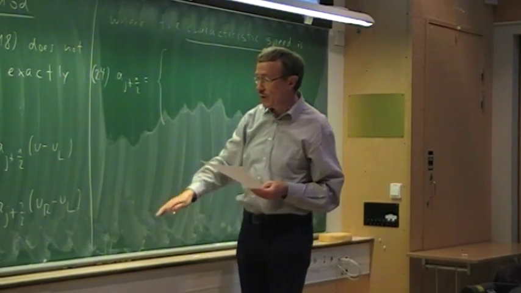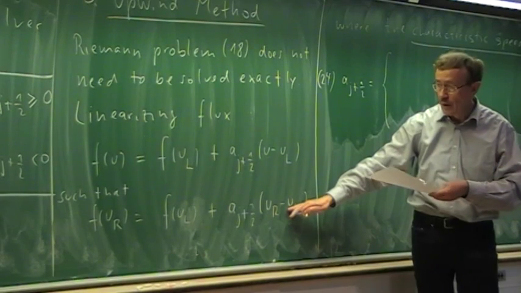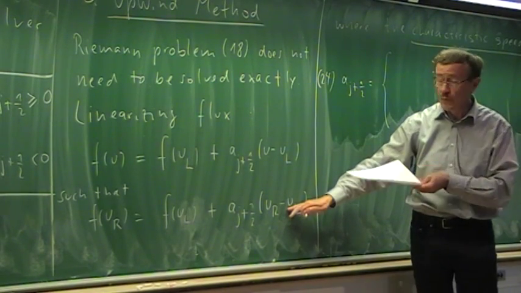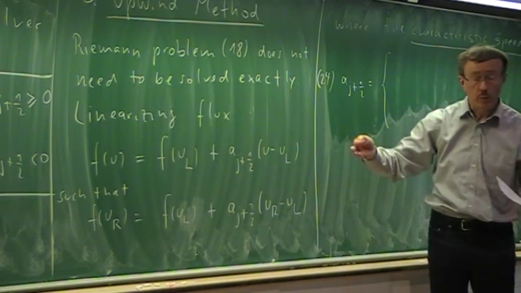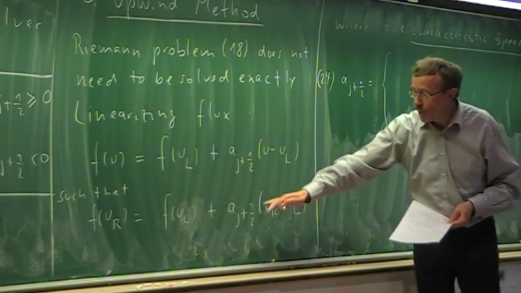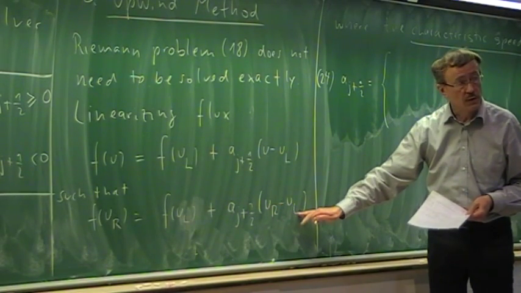So in this condition that we got from linearizing the Riemann problem, such that we solve the problem that we want to solve, that determines the A_{j+1/2}, if this is not 0.